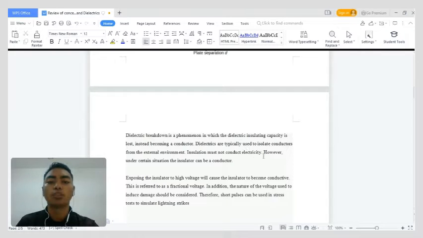Insulation must not conduct electricity; however, under certain situations, the insulator can become a conductor. Exposing the insulator to high voltage will cause the insulator to become conductive. This is referred to as breakdown voltage. In addition, the nature of the voltage used to induce damage should be considered. Therefore, it can be used in stress tests to simulate a lightning strike.